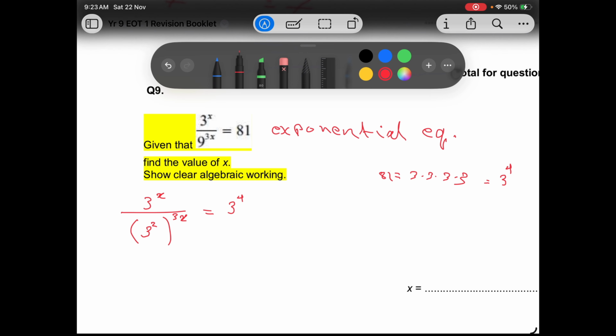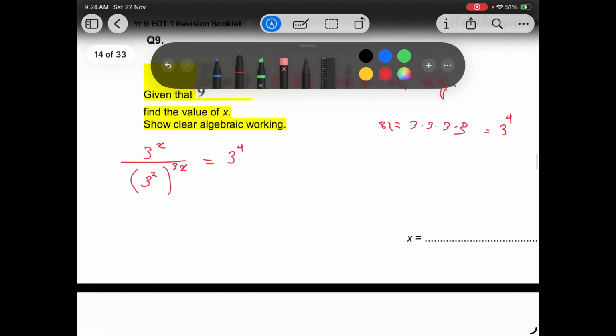It will be a wonderful idea if you memorize some of these basics: 3 power 0 is 1, 3 power 2 is 9, 3 power 3 is 27, 3 power 4 is 81, 3 power 5, and maybe this is the maximum, which is 241, if I'm not mistaken.